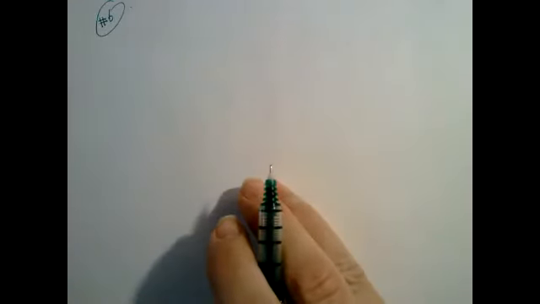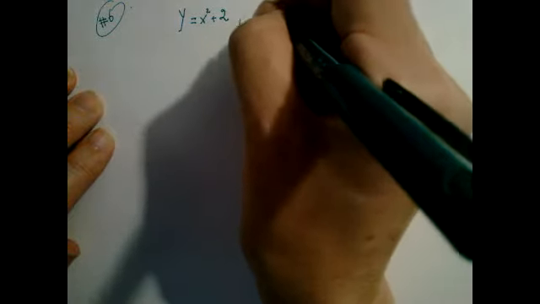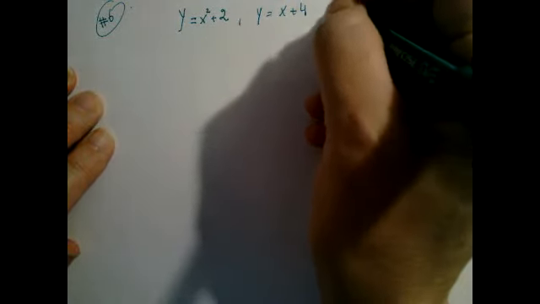Number 6. It's the same ideas. Let R be the region bounded by y equal x squared plus 2, and y equal x plus 4, and the y-axis.